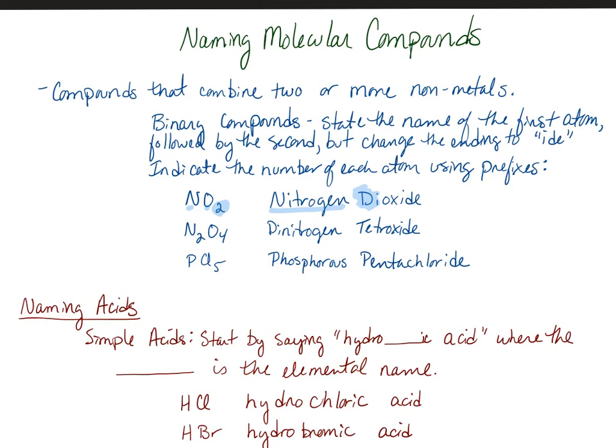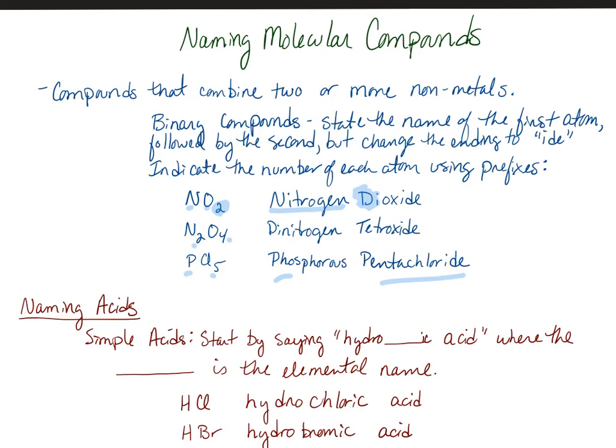You could also have something where you have a prefix for both words. So dinitrogen tetroxide. So that's 4 oxygens and 2 nitrogens. Or you could have something like PCl5, which would be phosphorus pentachloride.